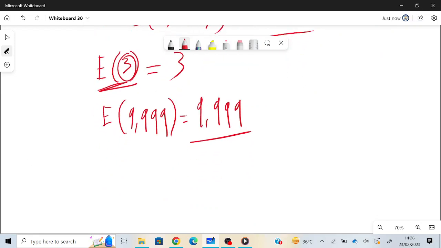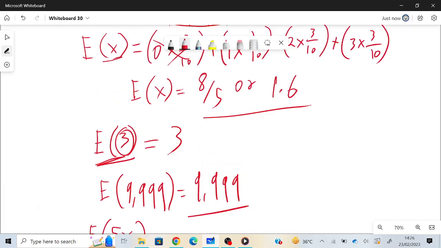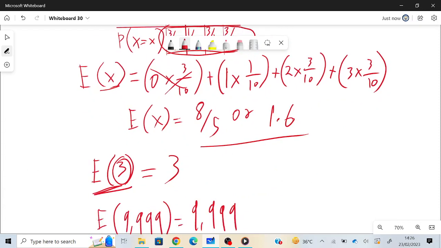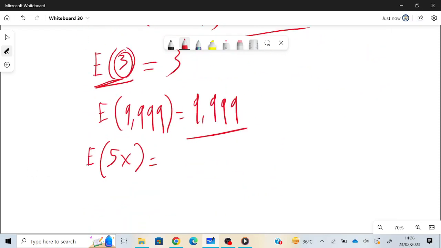Another way they can ask you questions is they could give you something like this, E of 5x. So what you do in this sort of scenario is you simply take your x values again, which we have as 0, 1, 2, and 3 over here, and simply times that by 5 before timesing it by the corresponding probability. I'll just do one example here because we have other examples to look at.